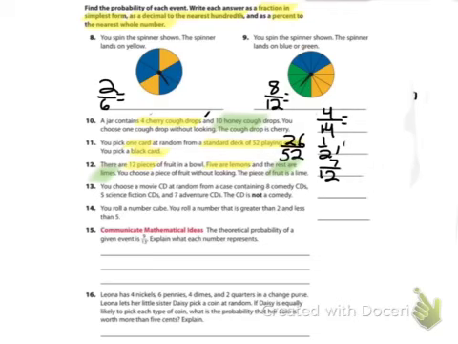Moving on to 13, you choose a movie CD at random from a case containing 8 comedy CDs, 5 fiction CDs, and 7 adventure CDs. The CD is not a comedy, so that is super important. So how many total are there? Well, we have 8, 5, and 7.